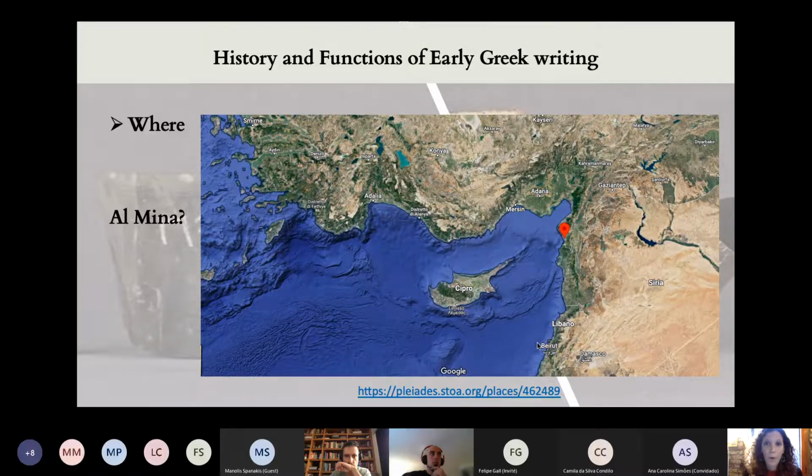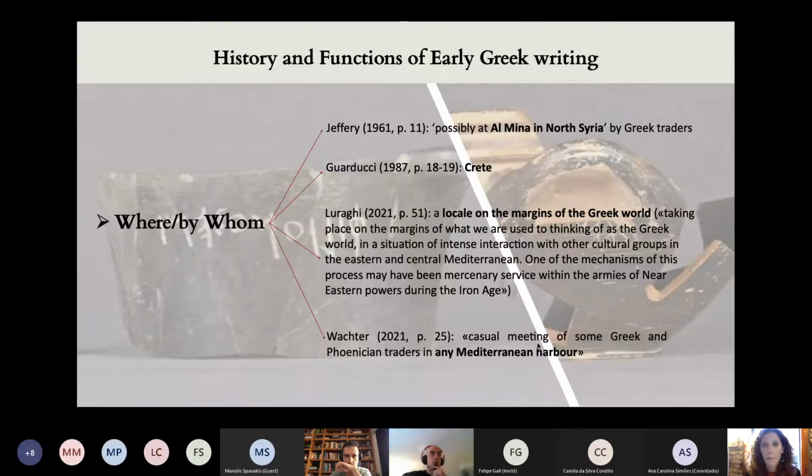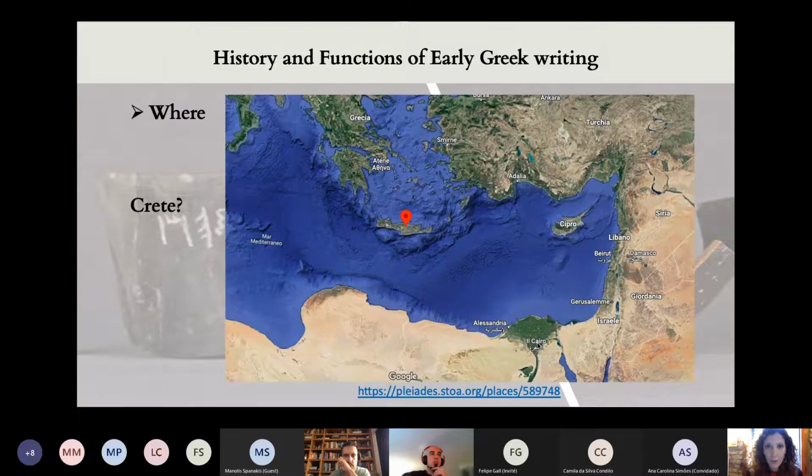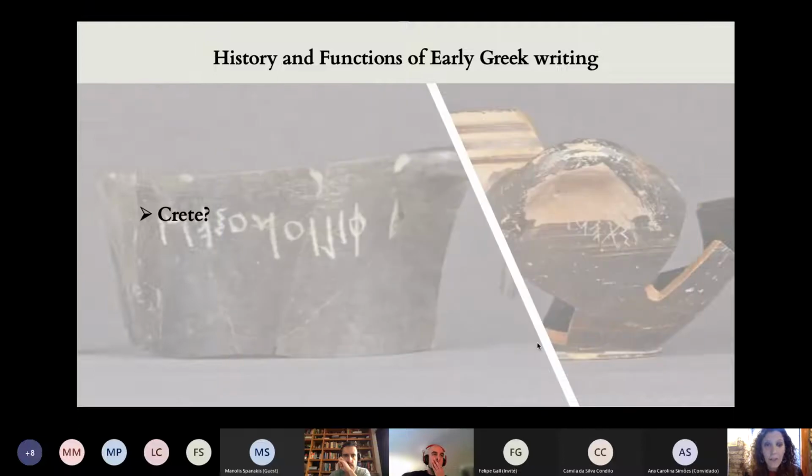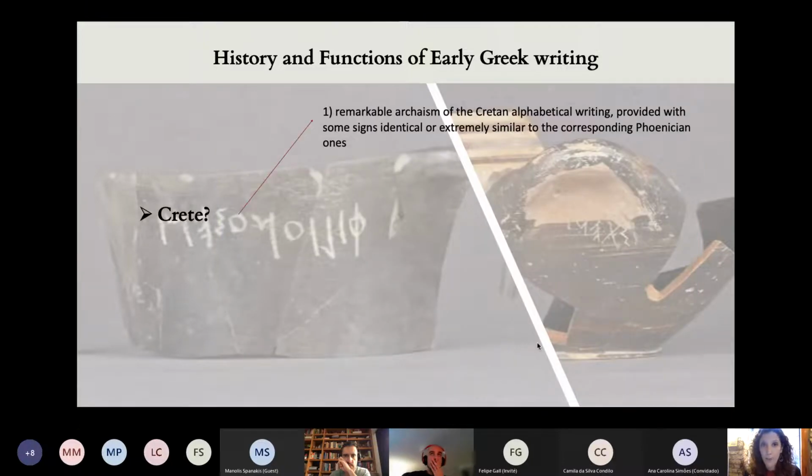So Almina was one place, but for example, another theory is Guarducci's, according to which Crete was the place, for several reasons. Crete, of course, that's the map of Crete. And why Crete? Because Crete has several letters that are very, very similar in the early stages to the Phoenician ones.